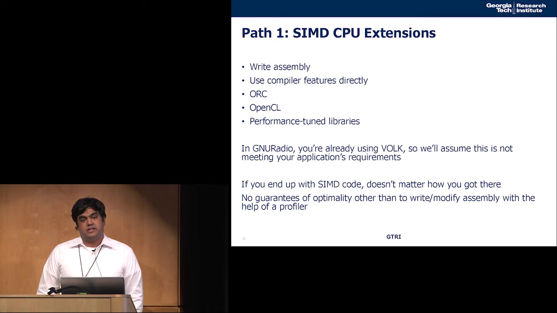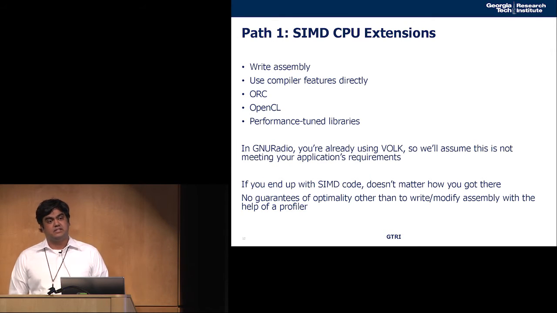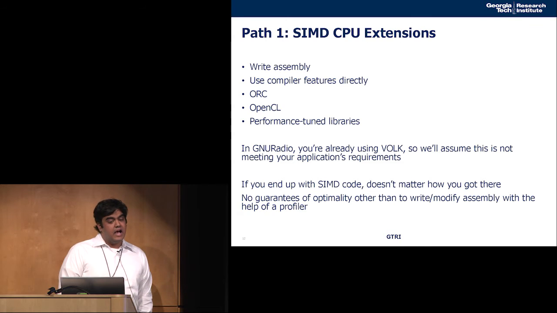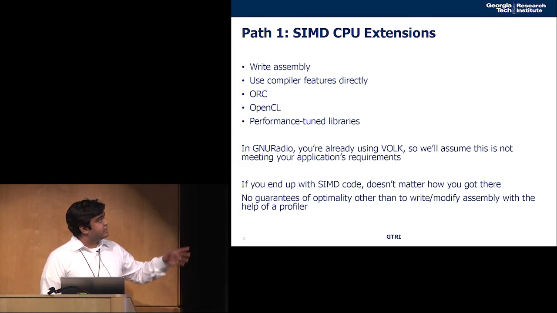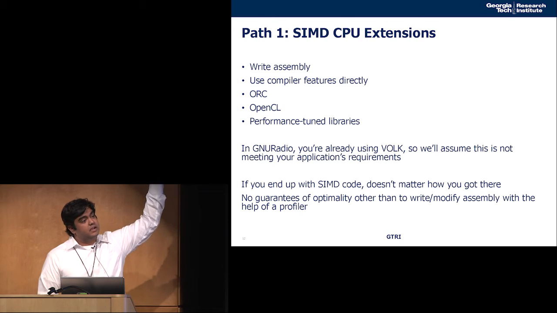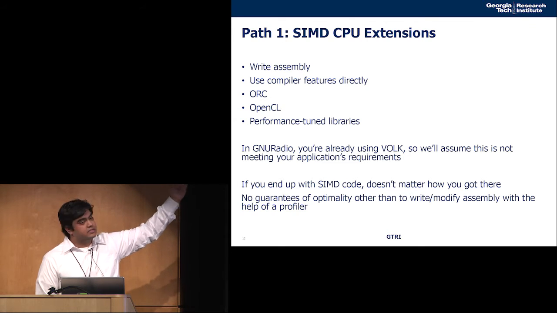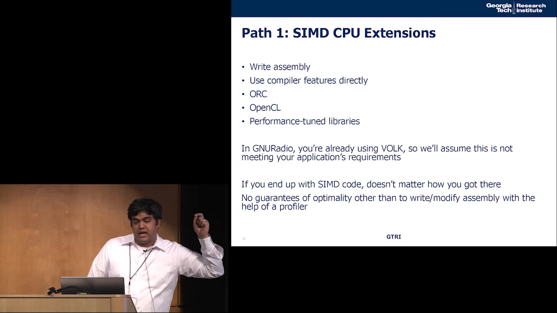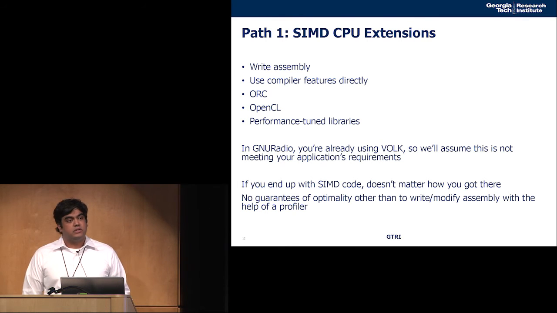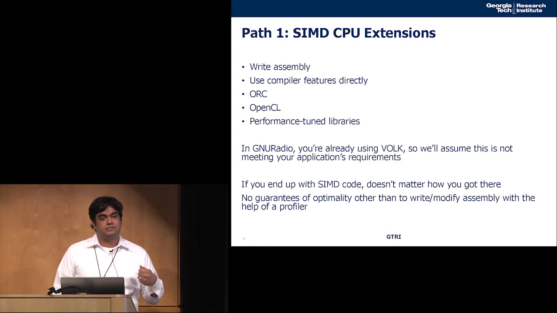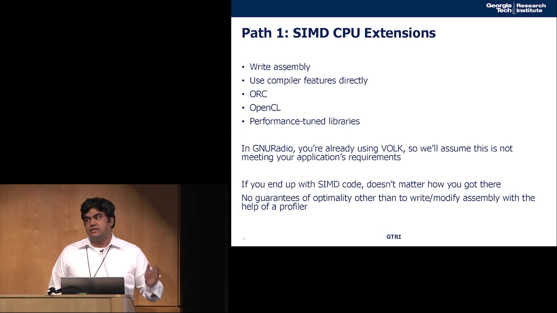So they have some specialized DSP instructions, and these are the SIMD extensions that we've heard about a couple of times. I'm not going to delve into any detail here other than to draw your attention to the fact that we have ways from lowest level to highest level to access those CPU extensions. And in GNURadio, we're already using VOLK, so we have very well optimized and pretty well profiled and understood kernels for our signal processing applications.